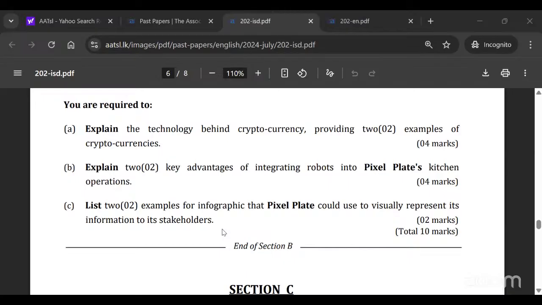Explain two key advantages in integrating robots in the Pixel Plate kitchen. What are the advantages? Kitchen efficiency and consistency. Cooking robots can operate 24/7.